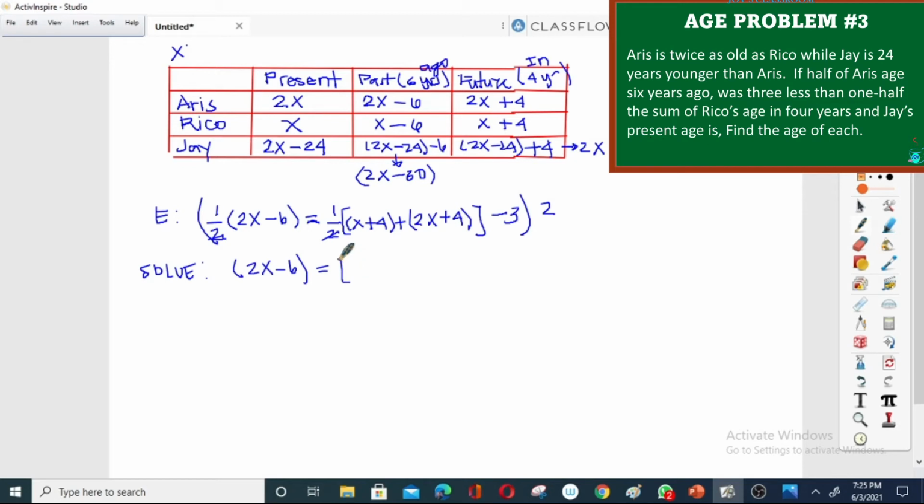So the remaining will be x plus 4 plus 2x plus 4 minus 6. Okay, so let us simplify. 2x minus 6 is equal to x plus 4 plus 2x plus 4.